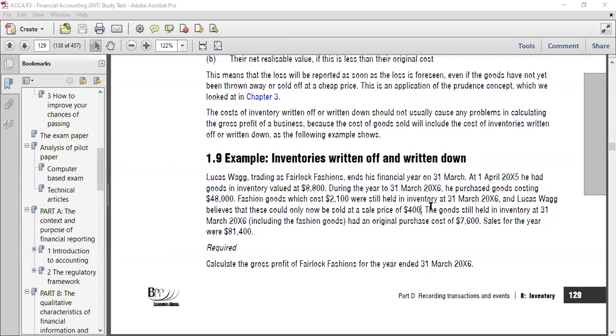And then they also went ahead to say that the goods still held in inventory at 31st March 2016, including fashion goods, had an original purchase cost of 7,600. So including these fashion goods that they have told us.